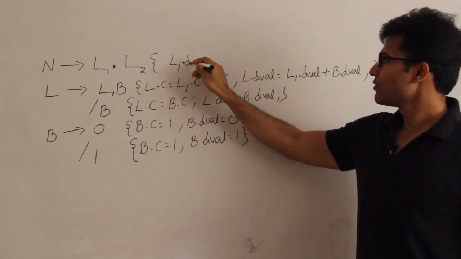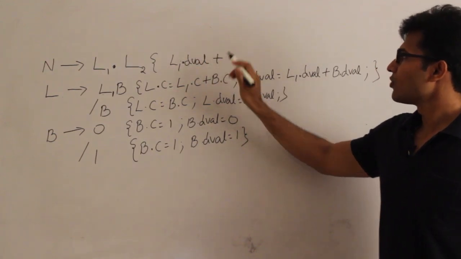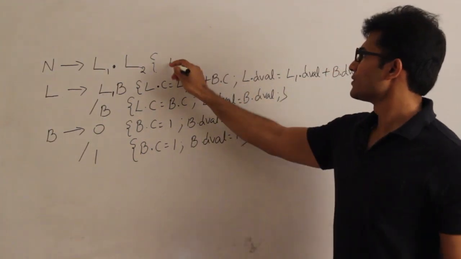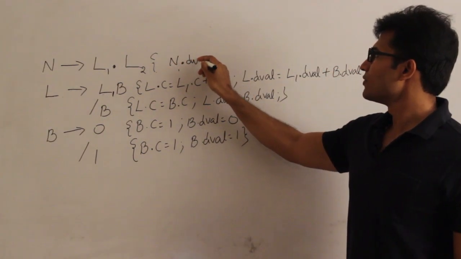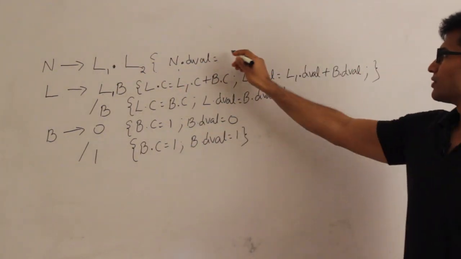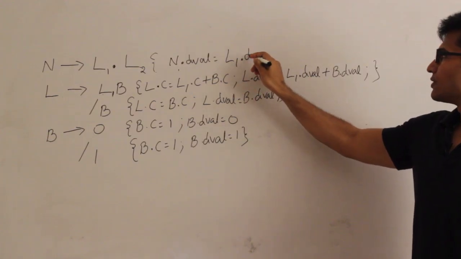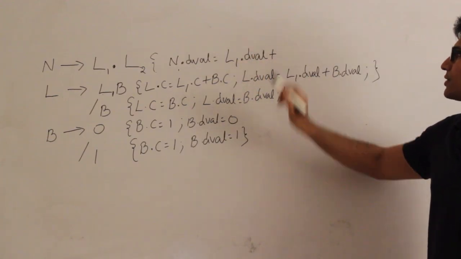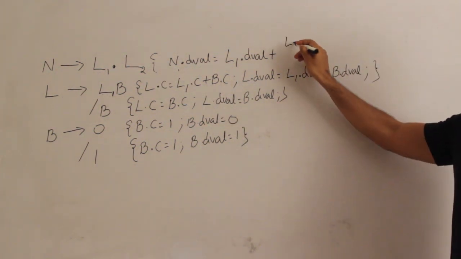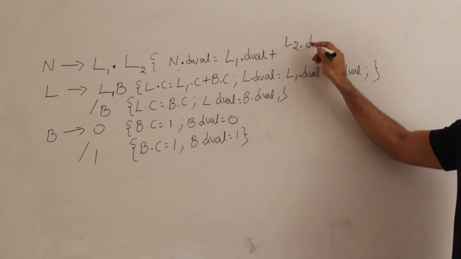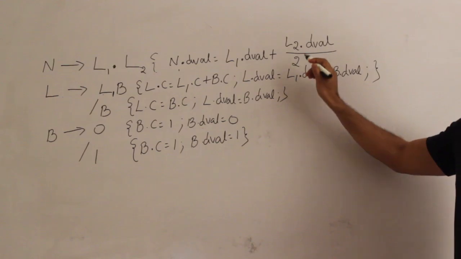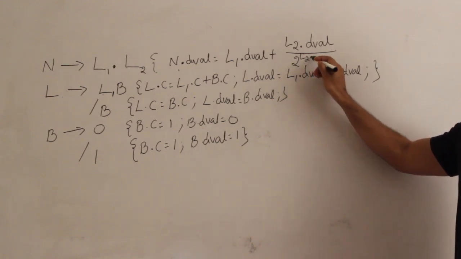So L dot decimal value we have derived, therefore number dot decimal value is equal to L1 dot decimal value plus L2 dot decimal value divided by 2 power L2 dot count.